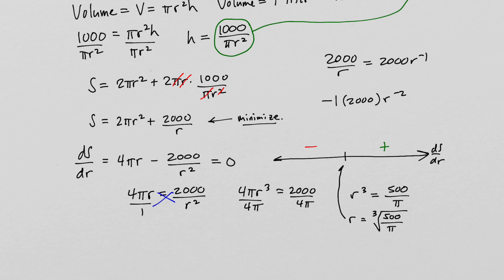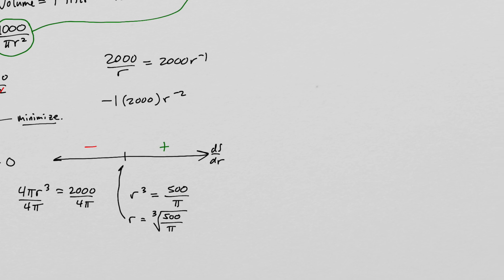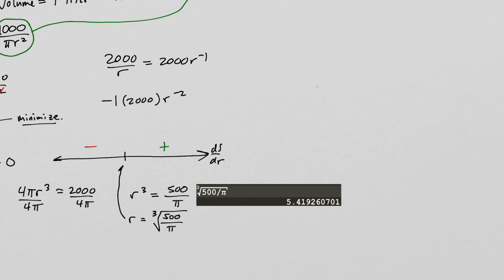So to minimize the surface area, we want to use this value for r. And then let's go ahead and approximate that. So plugging this into a calculator, we can see that this is approximately equal to 5.4, and this would be measured in centimeters.